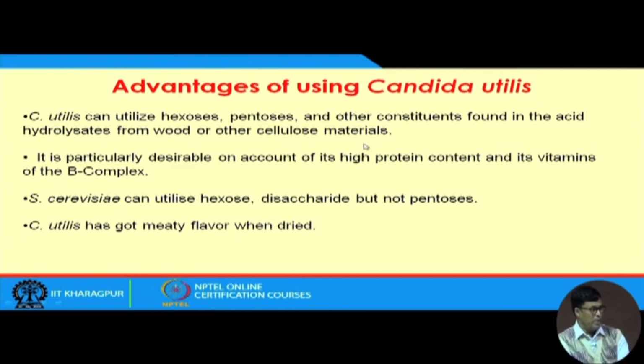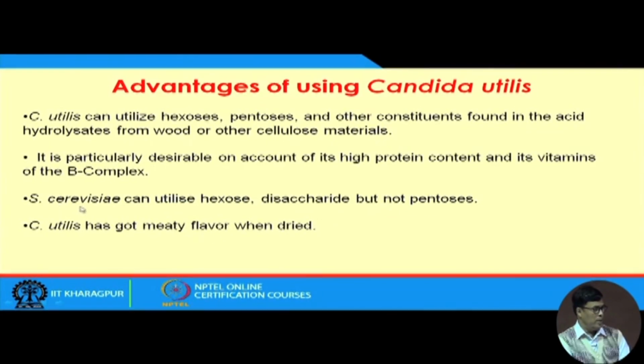The pulp and paper industry uses wood-type material, particularly bamboo, for the production of paper. It is particularly desirable on account of its high protein content and its vitamin B complex.